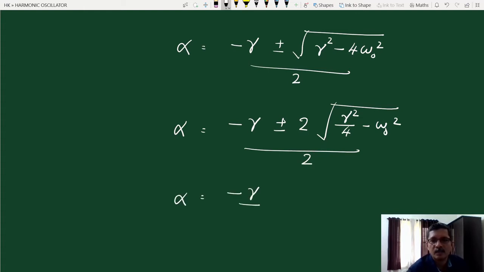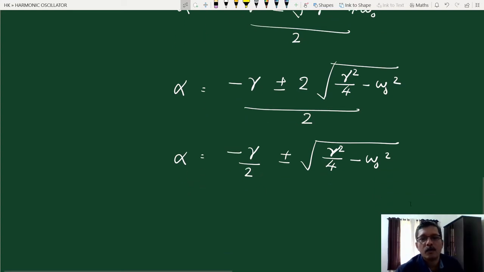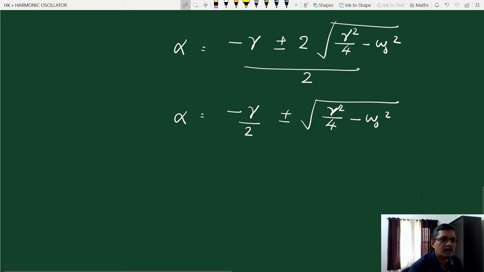So you have minus gamma by 2 plus or minus square root of gamma square by 4 minus omega 0 square. This is not r but gamma. Okay, so you have two values for alpha. Maybe alpha 1 is the one corresponding to the plus symbol.